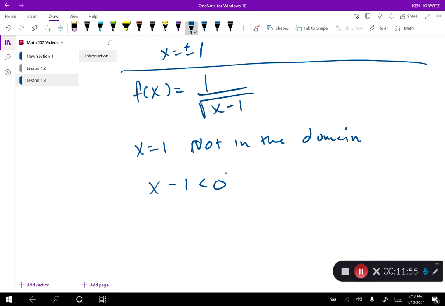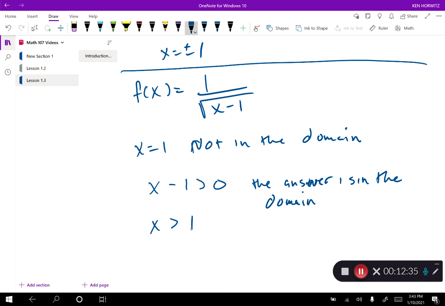So what we can do is say x minus 1 has to be greater than 0, and these numbers are good. All right, so x has got to be greater than 1. If x is greater than 1, that would result in a positive number under the radical symbol and not give a result under 0.